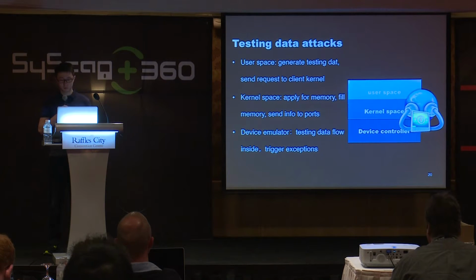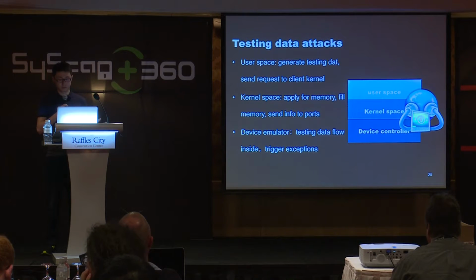Sending out testing data to target components is a relatively simple process. The first step is that the user layer of the client generates testing data and sends the request to the client kernel according to the specified operation from the data.